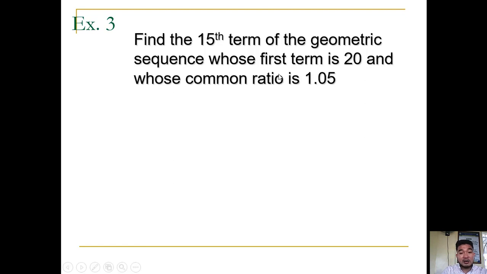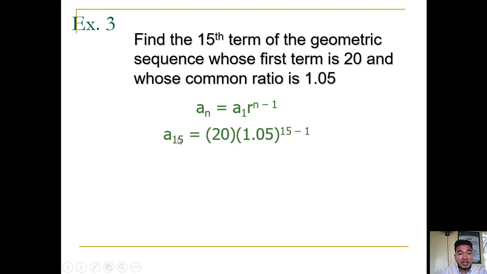Pero, kung ayaw nyo namang mahirapan, then we use the formula a sub n is equal to a sub 1 times r raised to n minus 1. Where n is, of course, a sub 15 kasi ang hinahanap natin dito ay yung pang 15 term. So a sub 15 is equal to our first term, a sub 1, which is 20 times the common ratio, which is 1.05 raised to n.